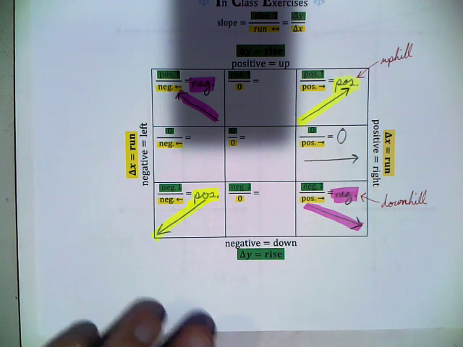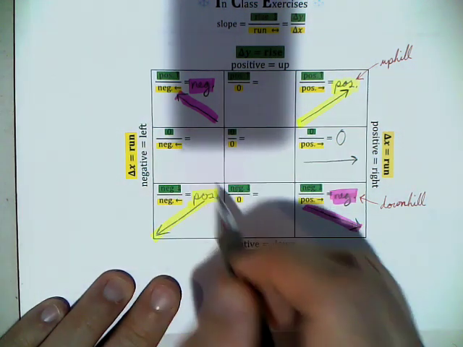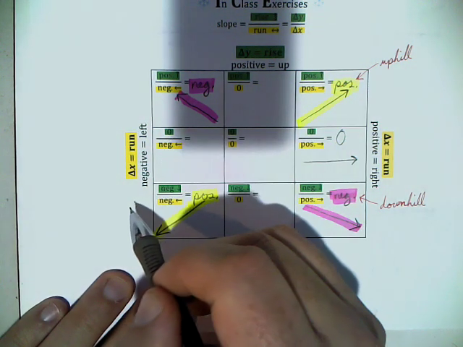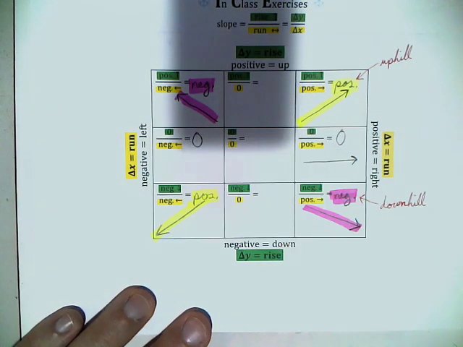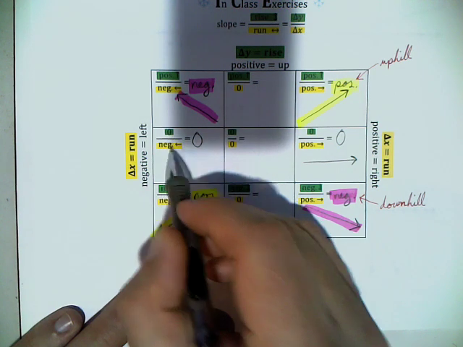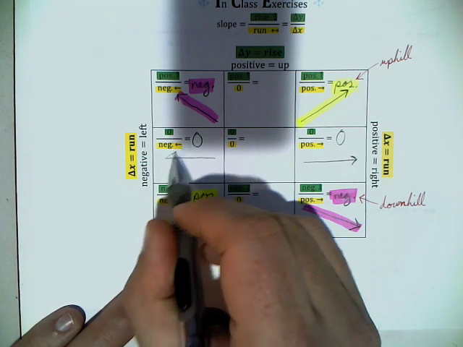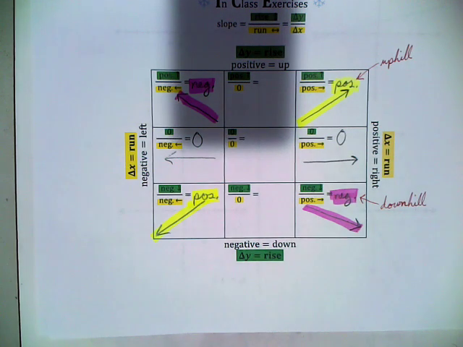And over here, if I had 0 over a negative, it's going to be the same thing, because 0 over negative would just be like 0 over positive, except you have a negative sign. But then if it's 0, negative 0 is just 0. So if we don't go up or down, but we just move to the left, we're still going to have that slope of 0.